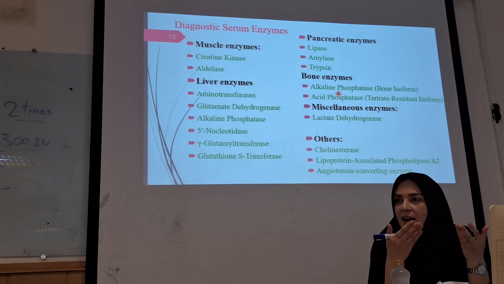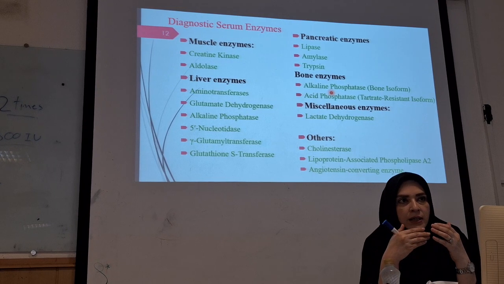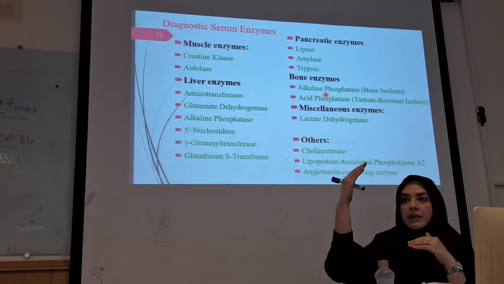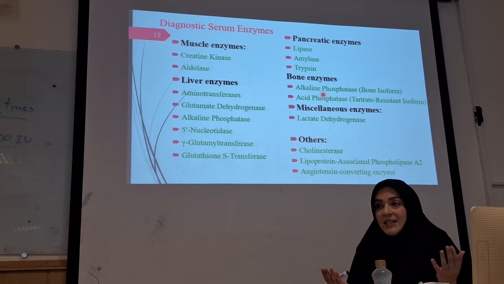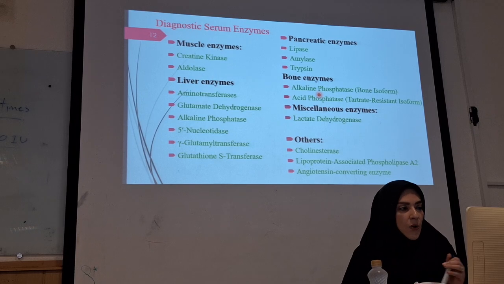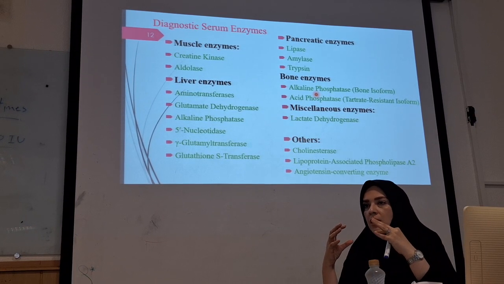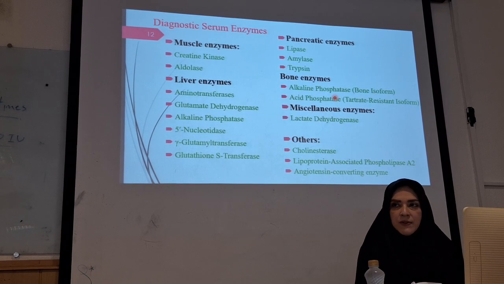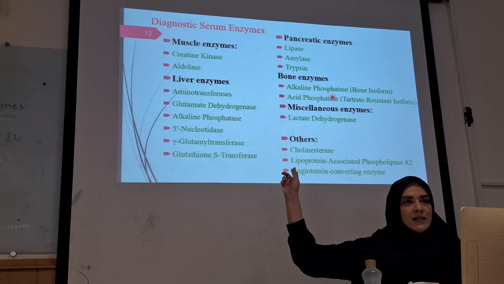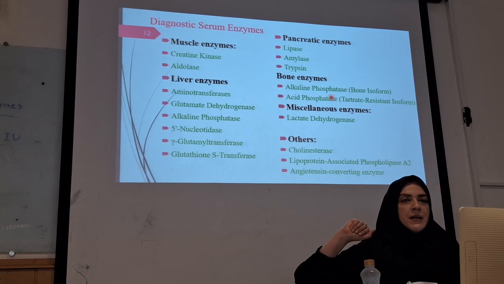So, for example, in normally growing children, okay, in normally growing children, the activity of the osteoblast is high. It's normal, it's not related to any pathological disorder, okay? So inside the osteoblast, we have alkaline phosphatase, and in the next session I will have some experiments regarding the measurement of alkaline phosphatase, okay?